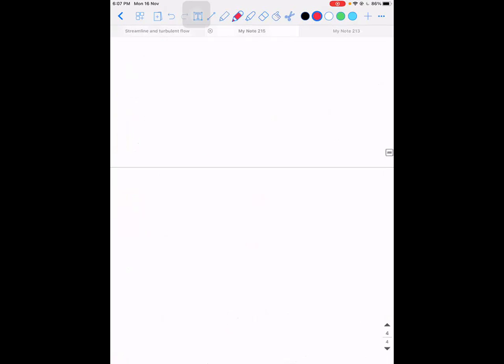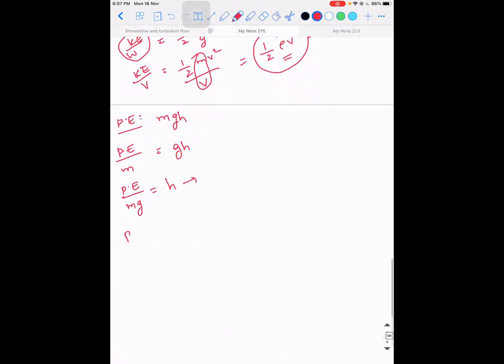Have that word in your mind. Similarly, if you have potential energy per unit volume, then it will be mgh divided by capital V. m by V is rho. So rho gh will be the answer. Am I clear, guys?